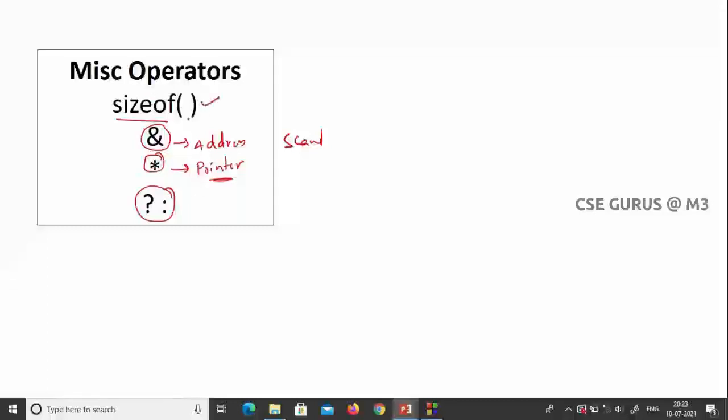Now first, if I go with the sizeof operator, sizeof something, any variable, it gives how many bytes of memory will be allocated for a particular variable. It only does that one. Let us suppose I write int a.